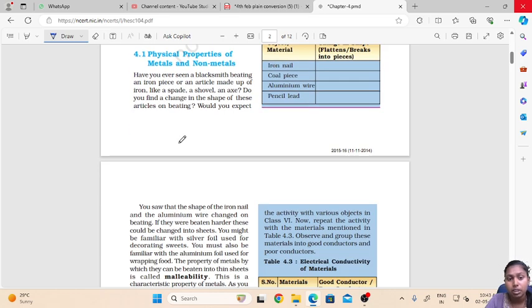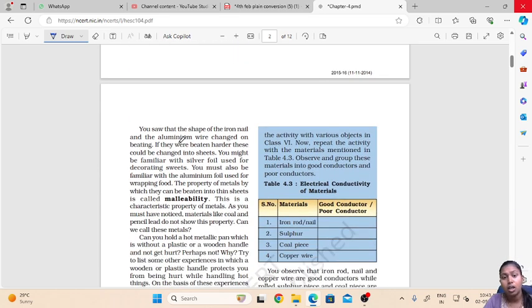Similarly, if you take an iron nail or an aluminium sheet and beat it constantly, it will form a thin sheet or change its shape. If they are beaten harder, they could be changed into thin sheets.